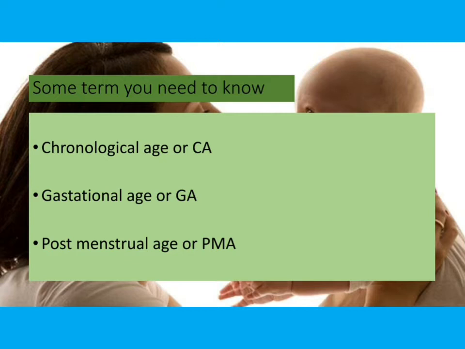GA means the duration between the date of the mother's last menstrual period and the day of delivery. That is known as gestation age, or GA. And what is postmenstrual age? Postmenstrual age is the combination of the chronological age and gestation age. Now let's move to the next slide.